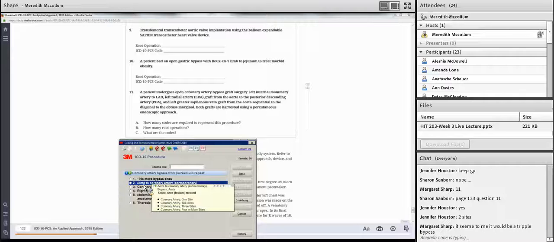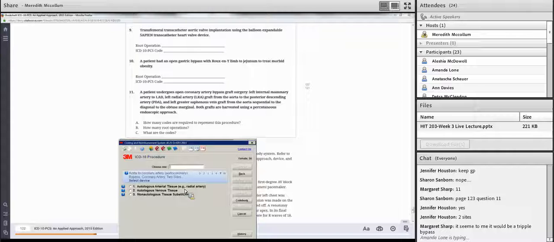So from the aorta on both sites, so they've got 2 sites. Make sure I got that right, 2 sites. So is it the radial artery? Give me a second, I'm just reading through it. Left radial artery from the aorta to the posterior descending PDA and the left greater saphenous vein graft from the aorta.